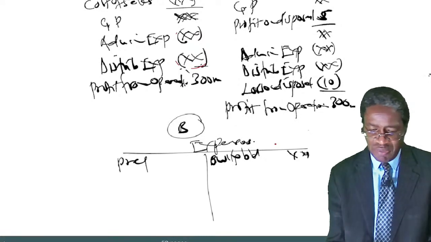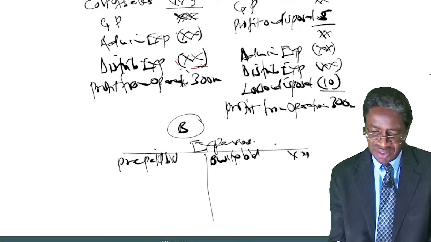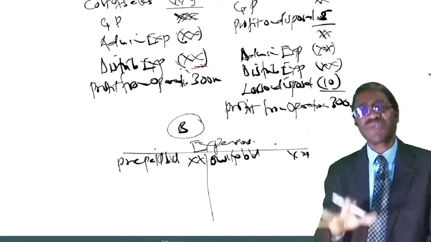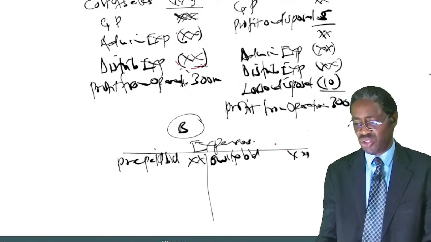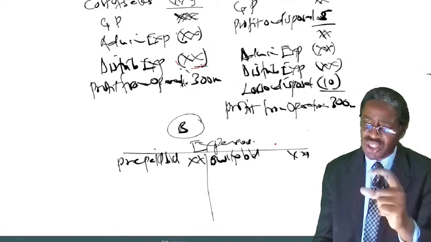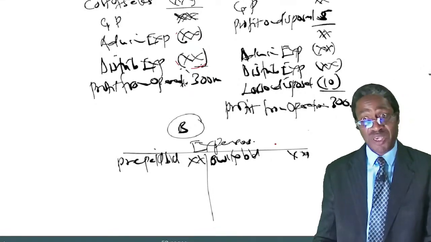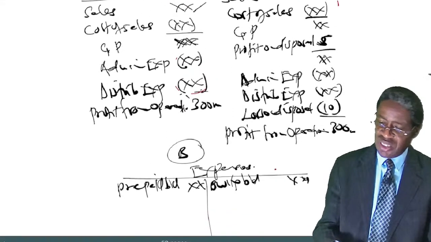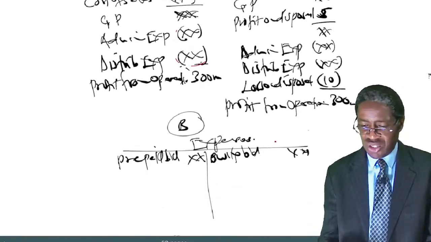Bring down the prepayment, correct. Go to the income statement. Pick the charge for the year for expenses. What are the charges? Admin and distribution.